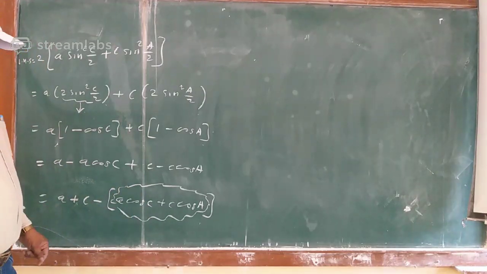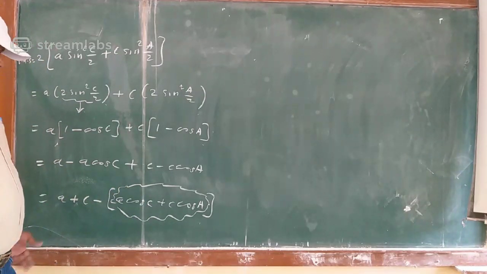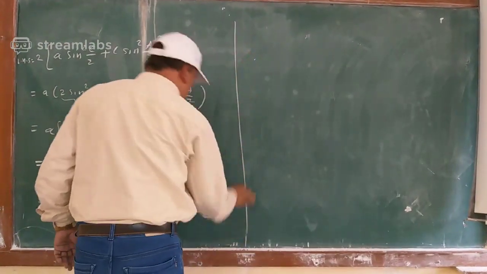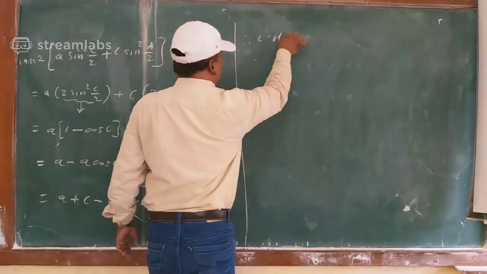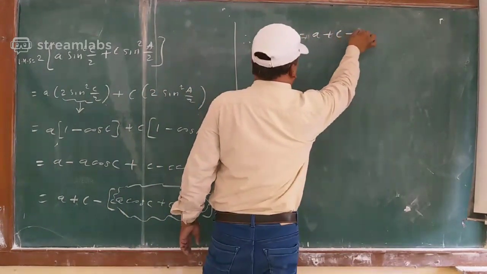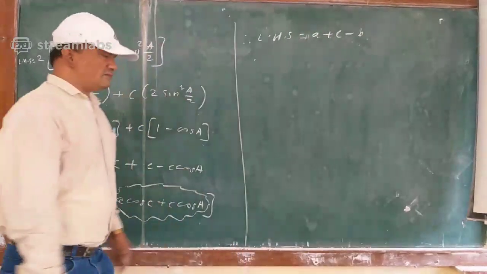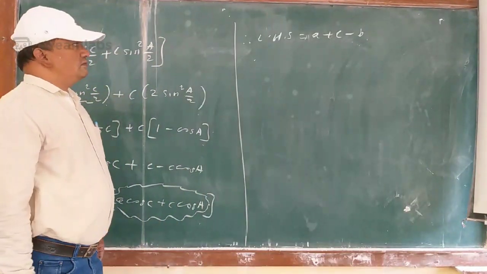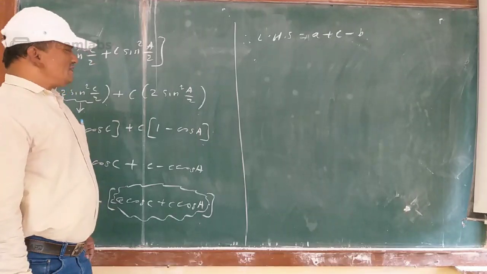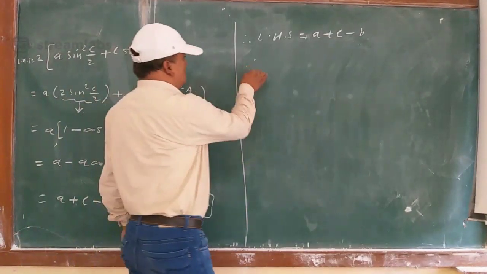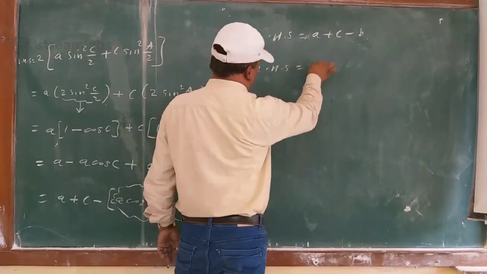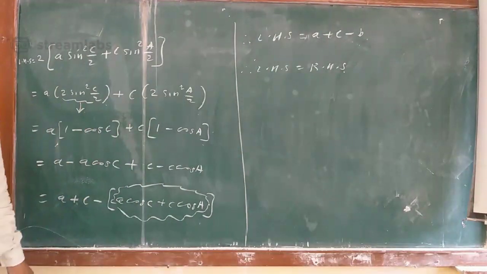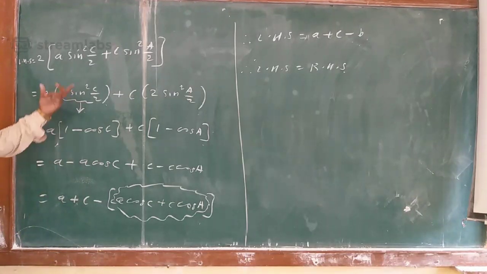Therefore, the remaining side is B. Therefore, LHS is equal to A plus C minus B, which is RHS. And the proof is completed.